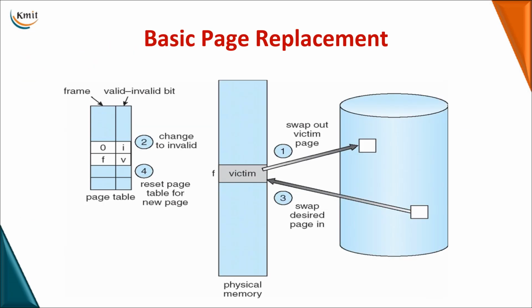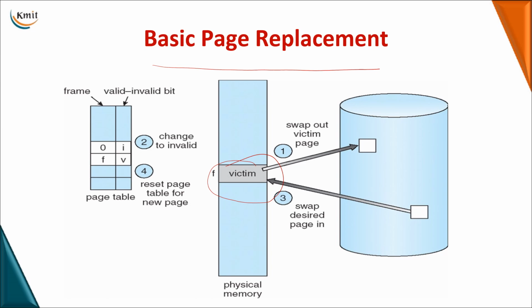Now, the basic page replacement procedure, whatever we have covered in theory, I'll just go through in a pictorial representation. Assume you want a particular page to be brought into physical memory. So this is your physical memory and all of the physical locations are full. So you have selected, based on some algorithm, that you want to replace this page.